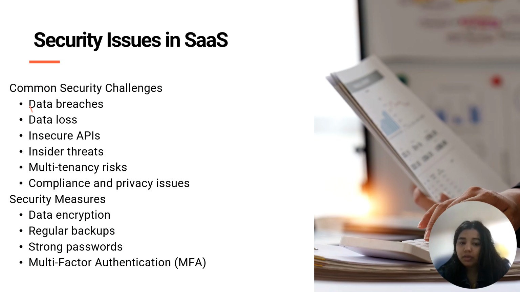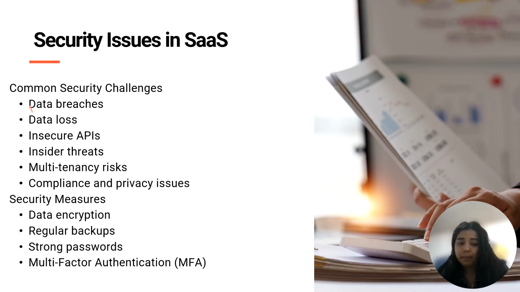There are also insecure APIs, which attackers may exploit to gain unauthorized access. Insider threats are also a concern because employees or administrators may misuse confidential information. Finally, organizations must comply with privacy regulations to protect consumer data. These risks can be reduced by using data encryption, regular backups, strong passwords, and multi-factor authentication.